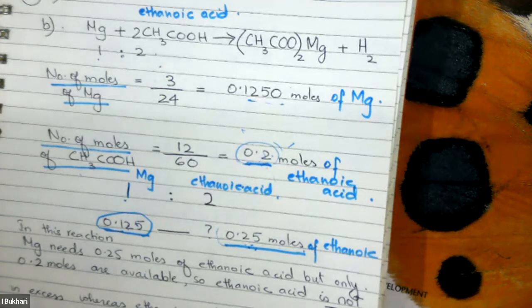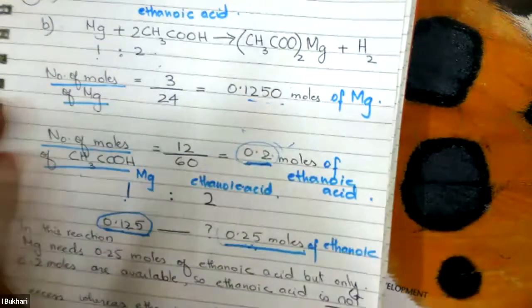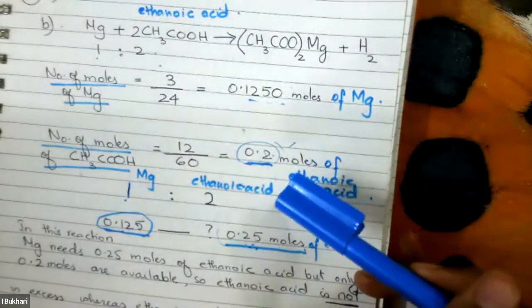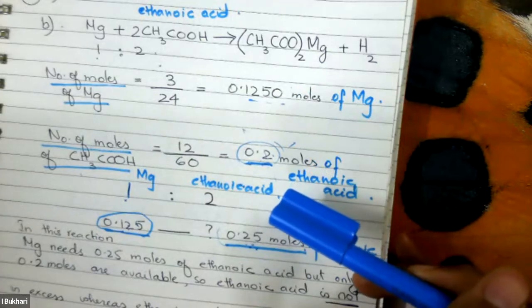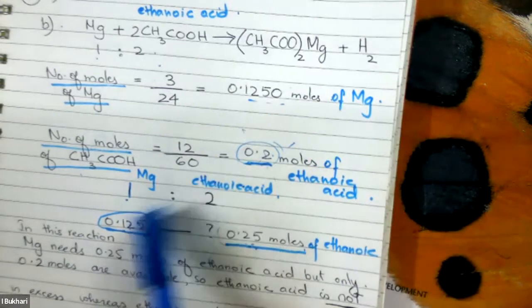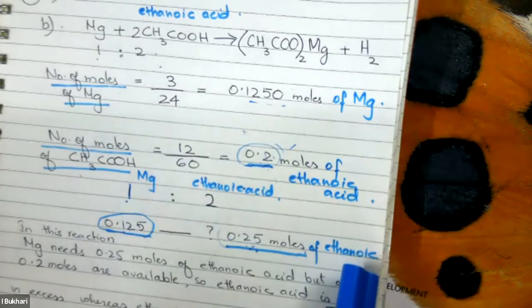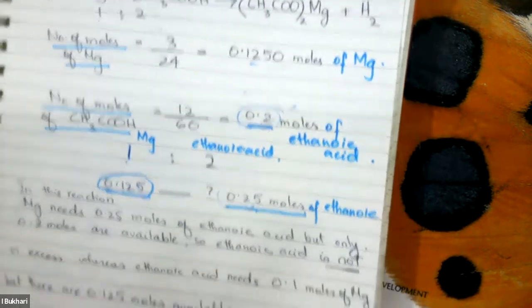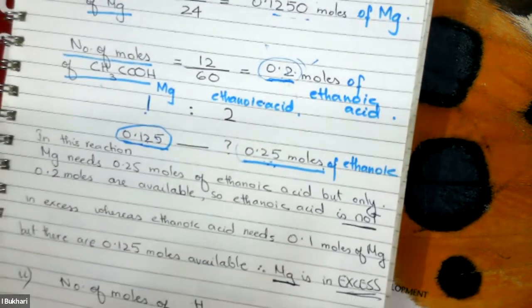No, beta, this excess and limiting factor has nothing to do with ratio or formula. Miss, we have to use the ratio over there, isn't it? For limiting reagent and excess reagent.